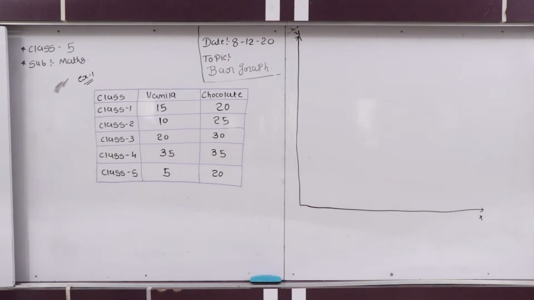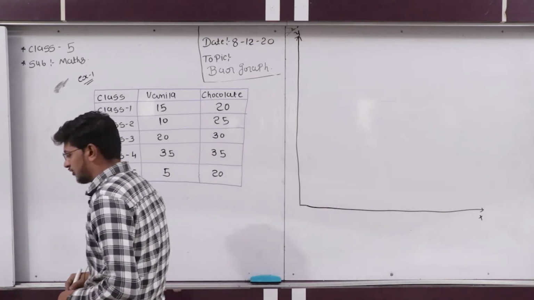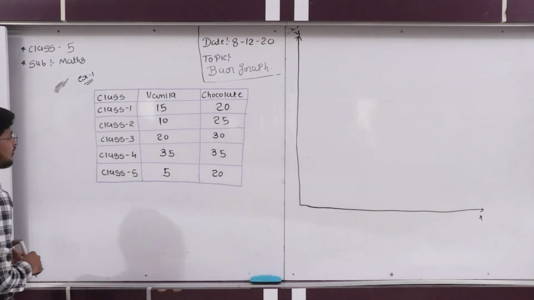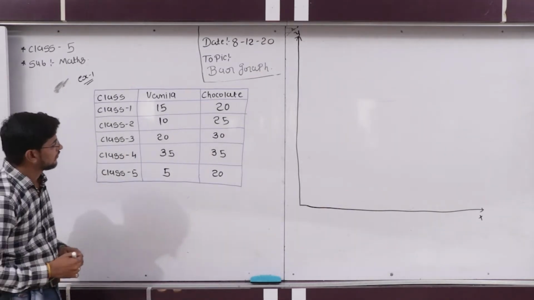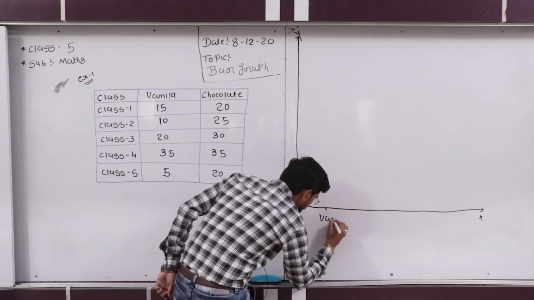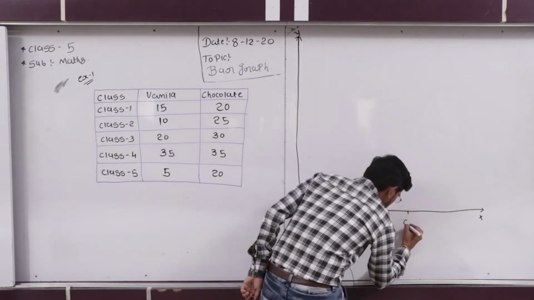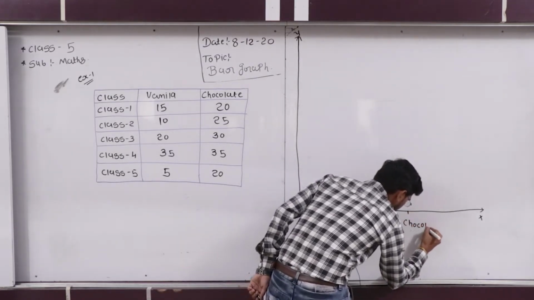On the x-axis, we take the categories of ice cream. First here vanilla and here chocolate.